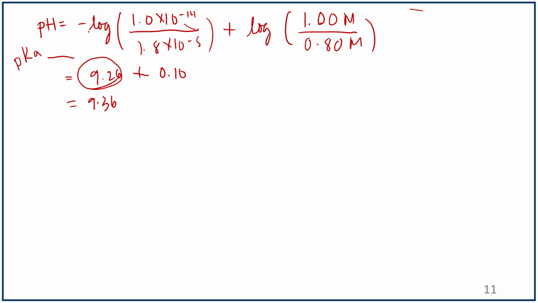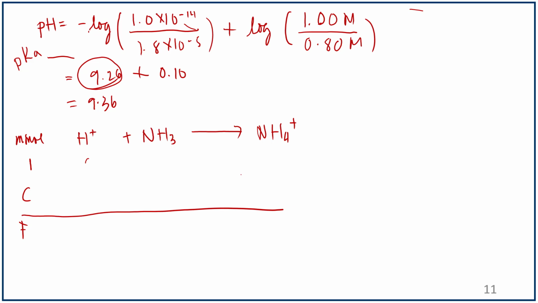So back to what I was saying earlier. The added hydrochloric acid will react with ammonia to produce more ammonium ions. So let's write an ICF table for that. So that's millimoles, and then H plus from hydrochloric acid, and then we have ammonia plus H plus, which will give you NH4 plus, more ammonium ions. We have actually already calculated earlier the number of millimoles of H plus, that's 1.